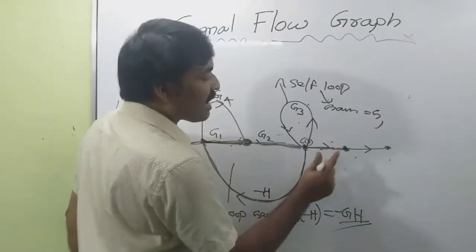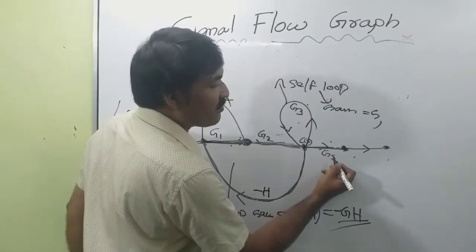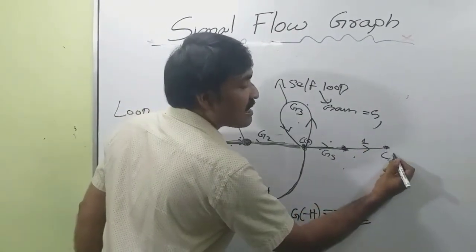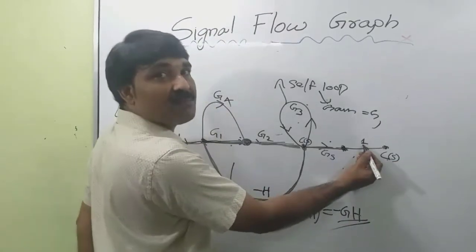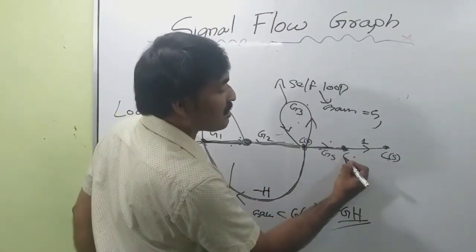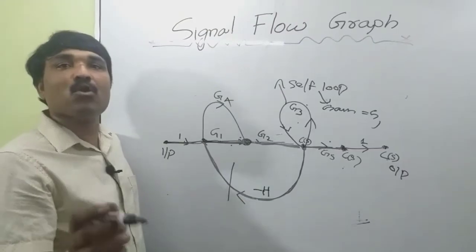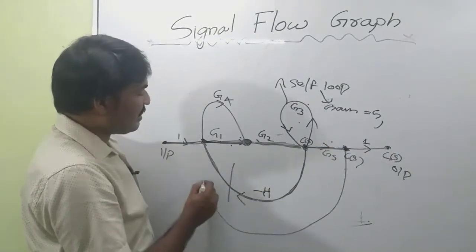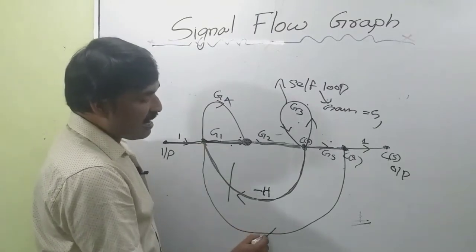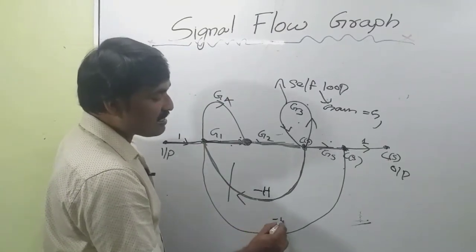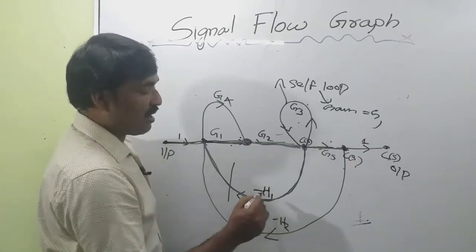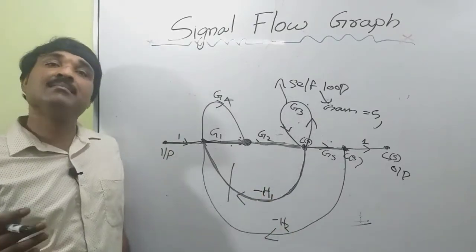Let the gain of this branch be G5, and this is 1. At this point, we get the output C of S. Since the gain of this branch is 1, this point also represents C of S. There is one more loop starting from this node and terminating at this node. Let the gain be minus H2, and the gain of this be minus H1. Okay, this will represent some system.